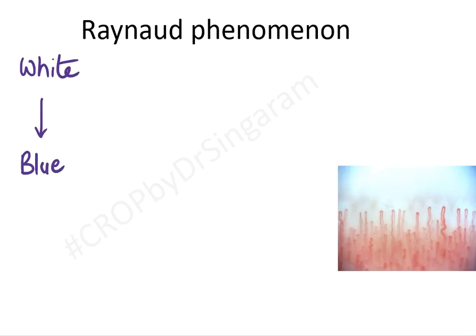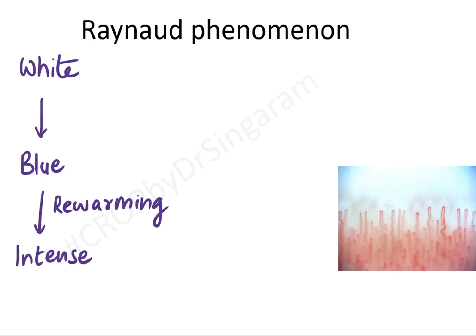That is cyanosis. Then what happens once the patient undergoes rewarming? The blood supply will increase abnormally high, so it will become intense red, what we call hyperemia. Hyperemia means too much redness, due to very increased blood supply during rewarming.